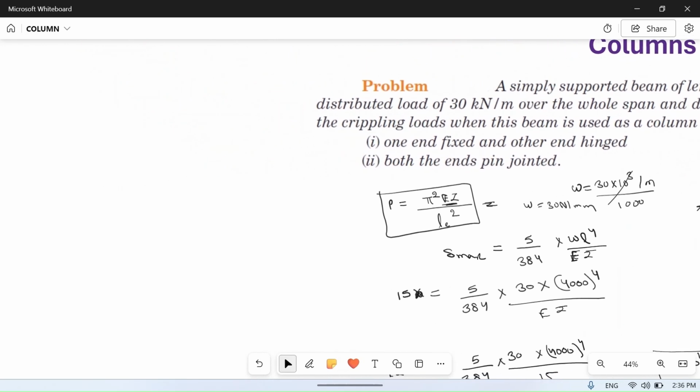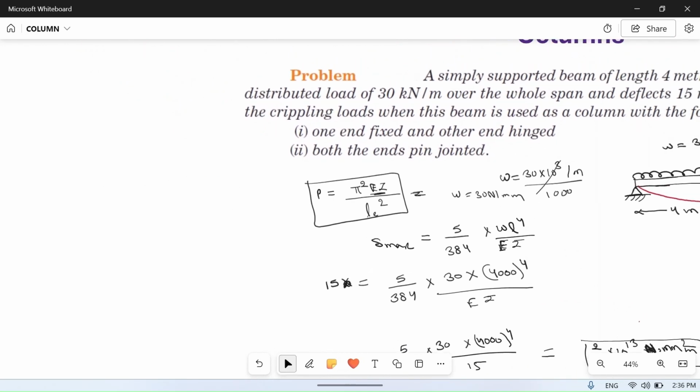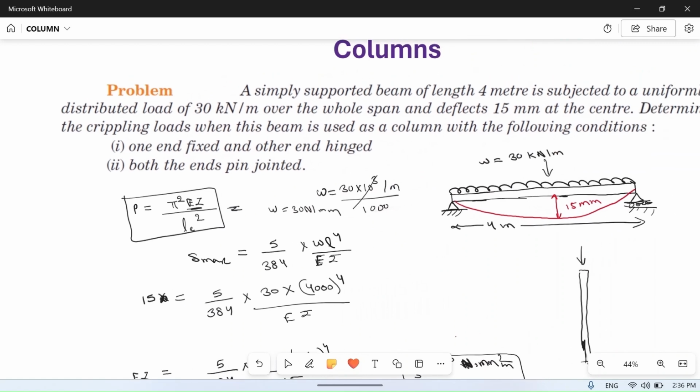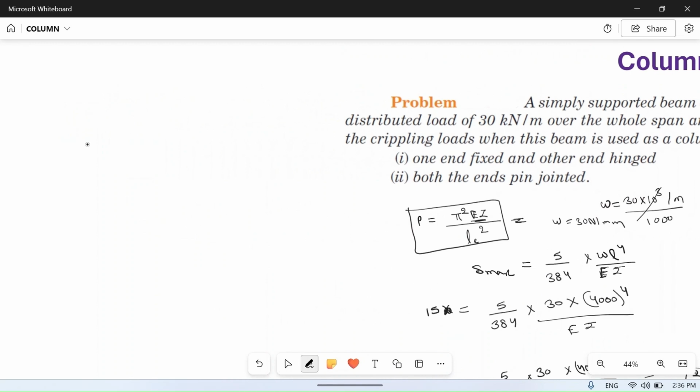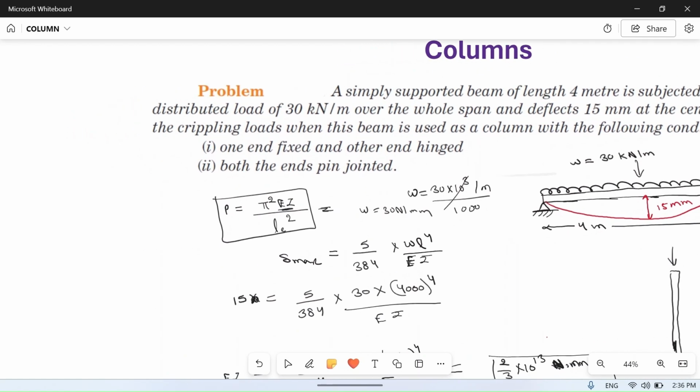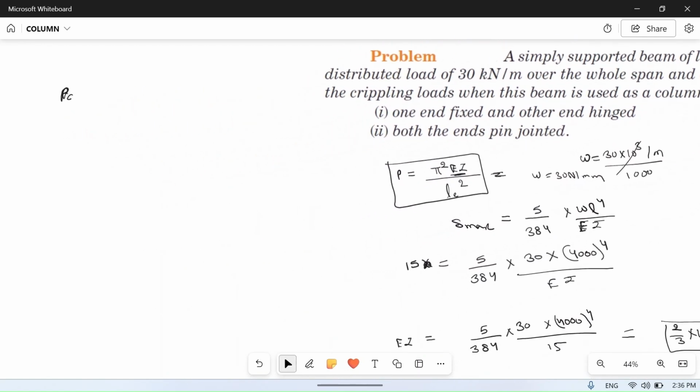So what was our problem? Determine the crippling load. So we have to find PC, the crippling load, for a column in the following conditions. There are two conditions: one end fixed and the other end hinged. So the first condition is one end fixed and one hinged.